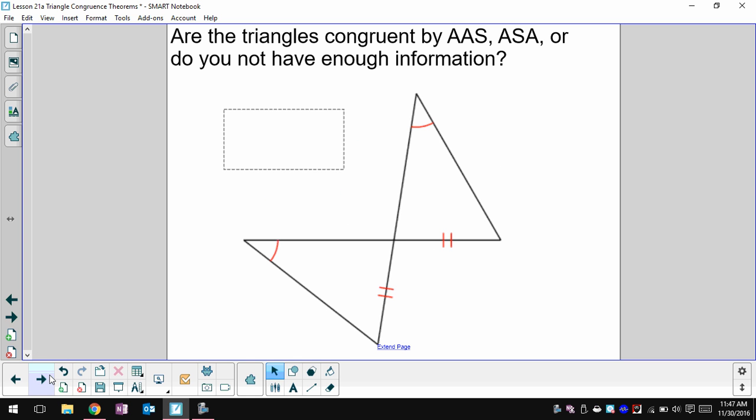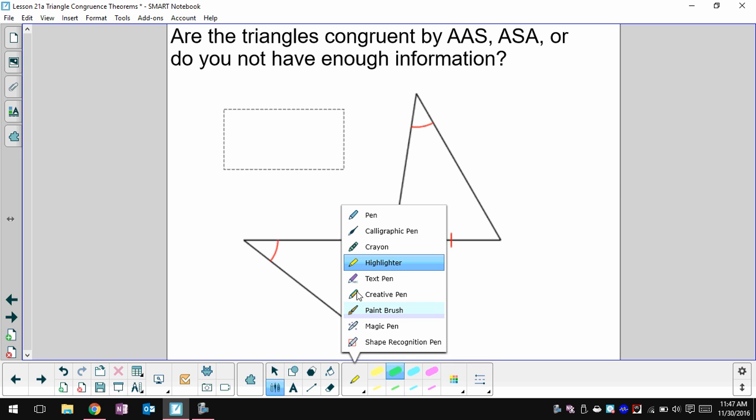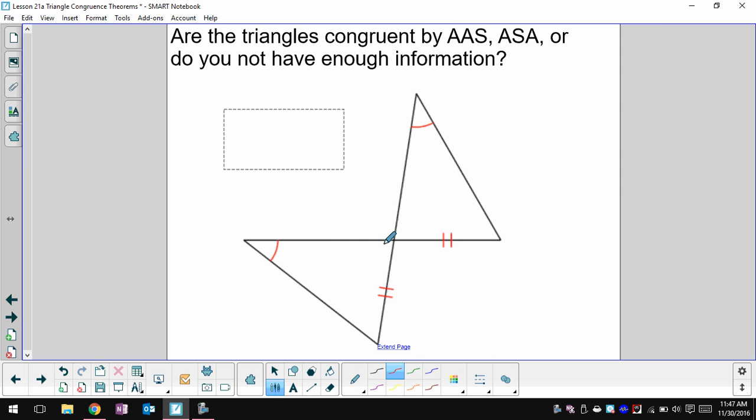So go ahead and try this one on your own. Pause the video and see if these two triangles are congruent, and if so, which of the two theorems would you use? So again, just like the one we did previously, we have vertical angles. So I'm going to mark those with two arcs.